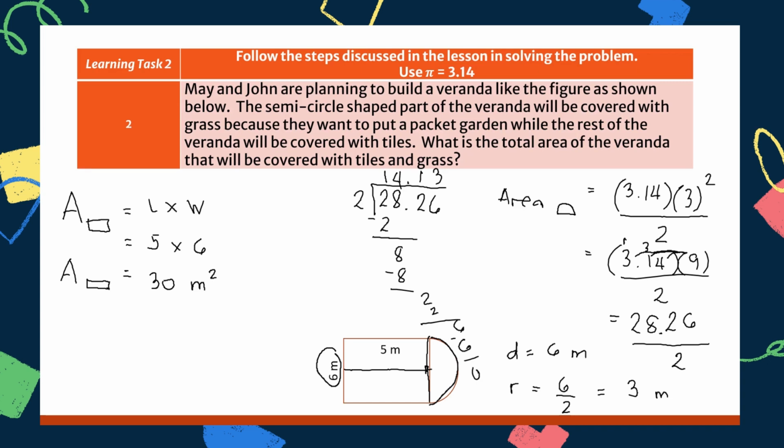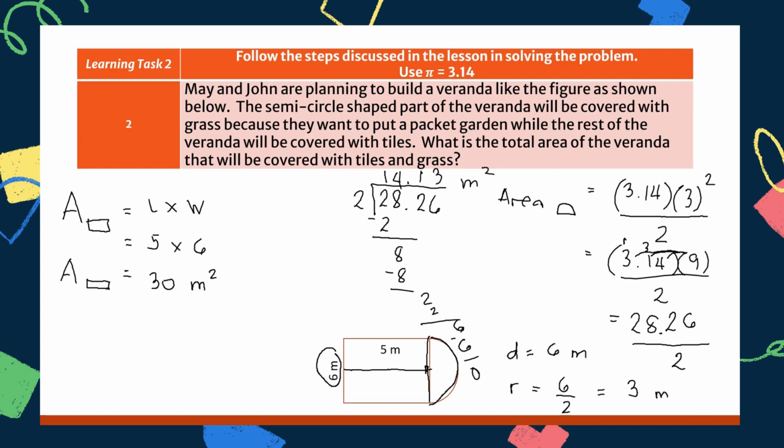So, meaning to say, ang ating quotient ay 14.13 square meters. So, ito ngayon yung area of a semicircle.